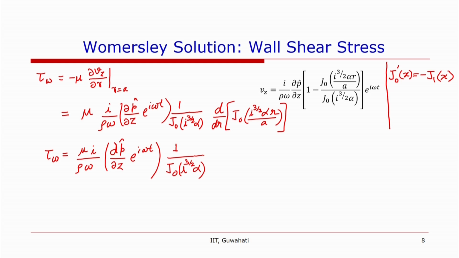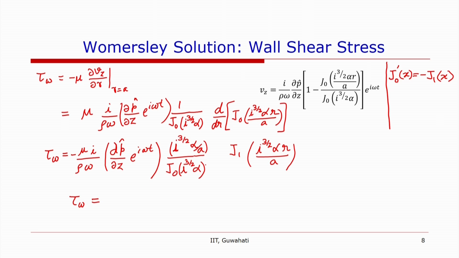Now the derivative of this will be minus J1 i to the power 3 by 2 alpha r over a, and i to the power 3 by 2 alpha over a. So the wall shear stress is, we have alpha over a.